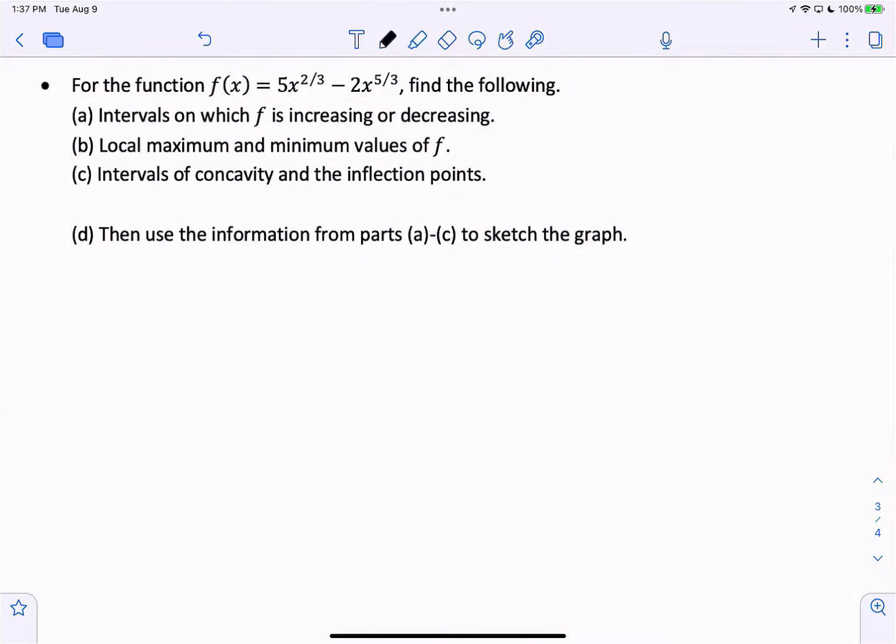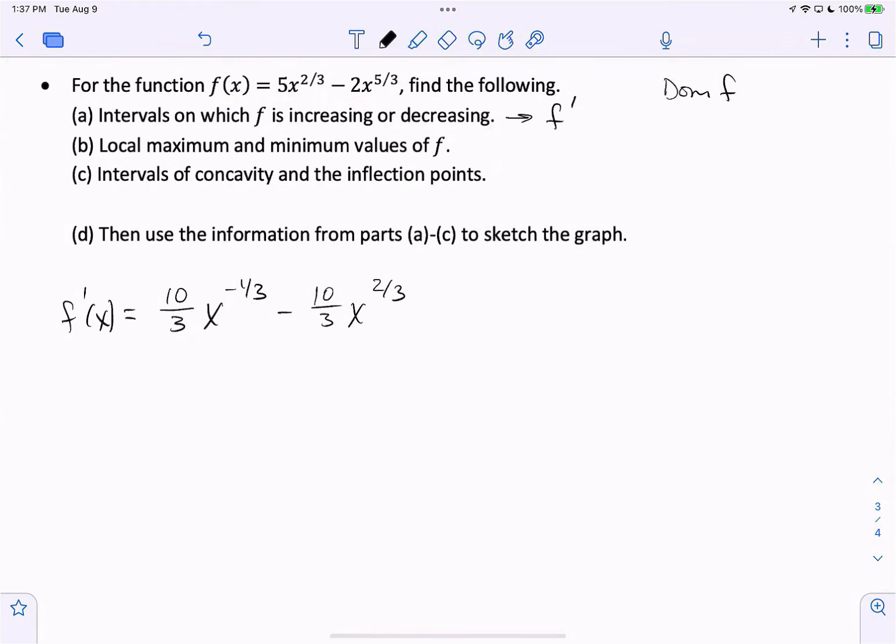To find intervals on which f is increasing or decreasing, we need f prime. So f prime using the power rule is going to be 10/3 x to the negative 1/3 minus 10/3 x to the 2/3. Let me note that the domain of f is all real numbers.